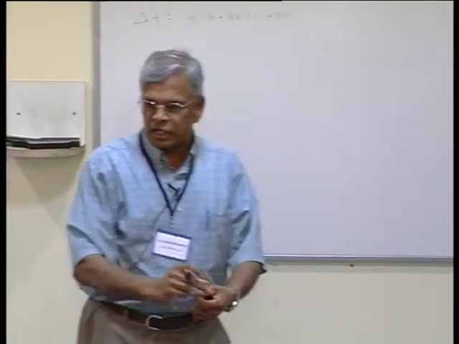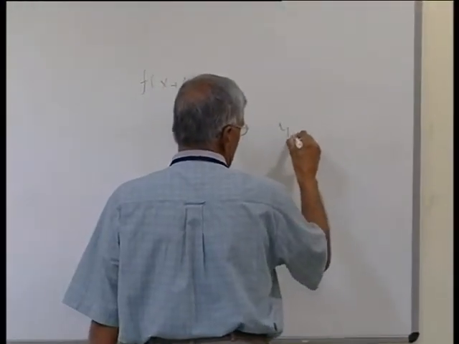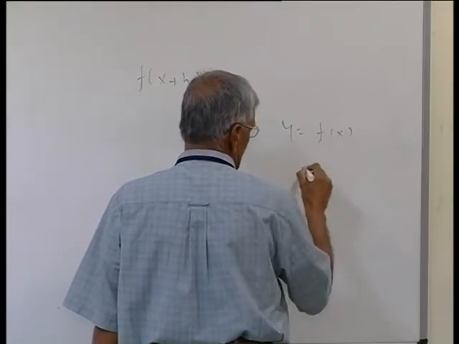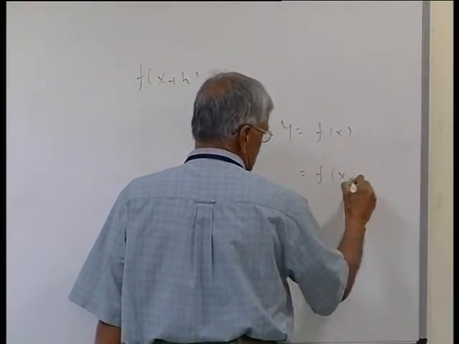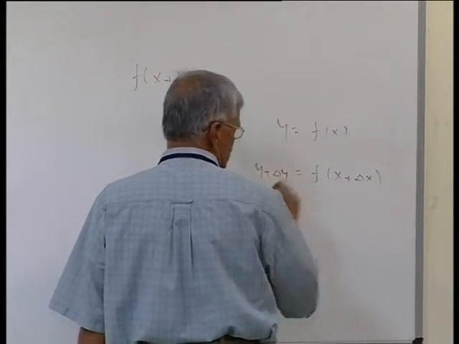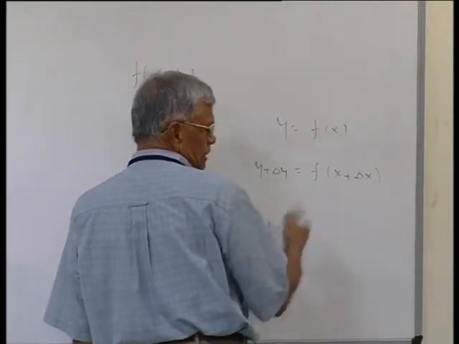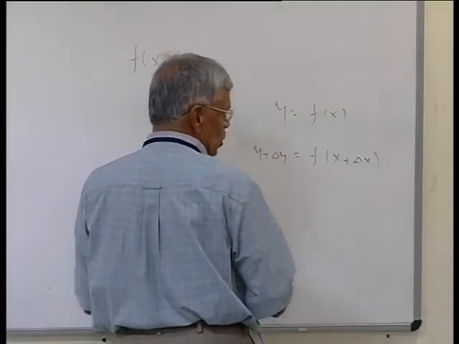Let delta x be an increment. So how do we say it in differential calculus? y is equal to f of x. Let delta x be the change in x. Let y plus delta y be the change in that. Then you define the differential coefficient and so on.